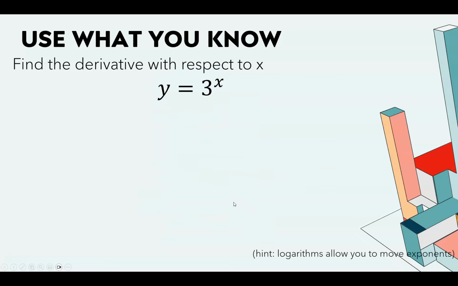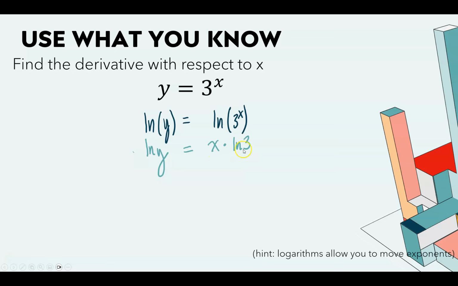Okay, let's try that again with a different base. Write it down, y equals 3 to the power x. Maybe you know what the derivative is going to be, but let's try to do all of the work in case we need to do that sometime in the future with something more complicated. Take natural log of both sides. Natural log of y is natural log of 3 to the power x. Move that x out front of the natural log of 3. And remember, natural log of 3 is a constant.